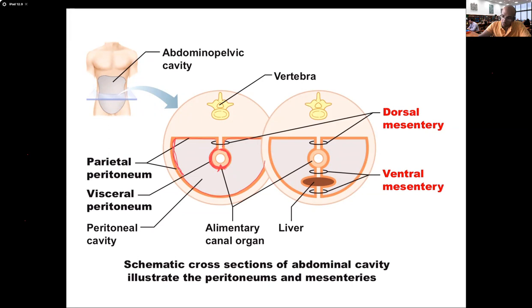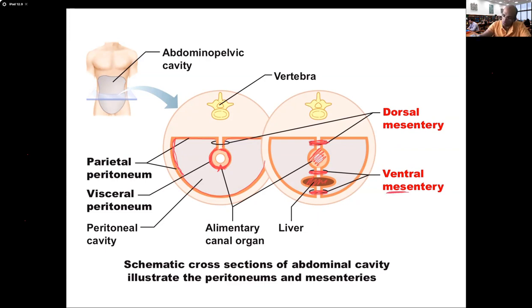But as I'm covering multiple abdominal organs at the same time, you will see that the two layers of the peritoneum are going to be forming connections between the organs and the body cavity. Those connections are what we call the mesenteries.